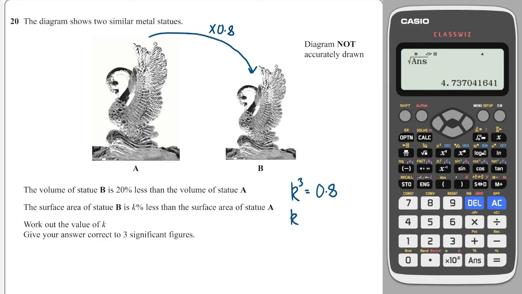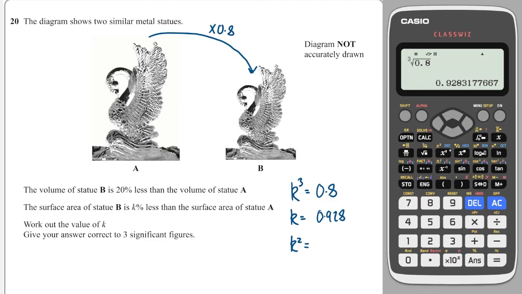So from there you can work out what k is, which is the linear scale factor, by taking the cube root of that 0.8. And that does not give you a nice number, but we'll keep it in our calculator and write it down so the examiner knows. And then we'll work out k squared, because that's what I'm going to need to move between areas.